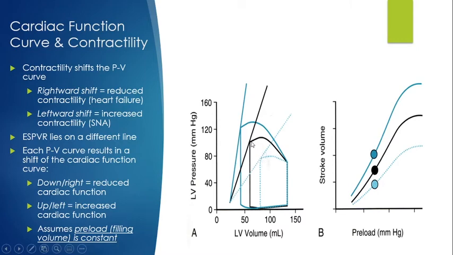While if there's an increase in contractility, let's say, some sort of drug, some sort of inotropic agent, if we get an increase in cardiac function, well, what do we see? Well, we get an increase then of the amount of blood that is ejected from points D to points F. So this corner right here to the point F.